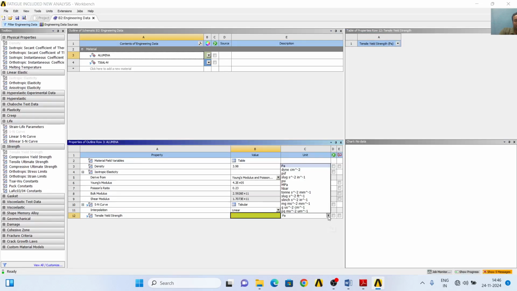First I will change its units, then paste 282 megapascal. So the material properties are defined.